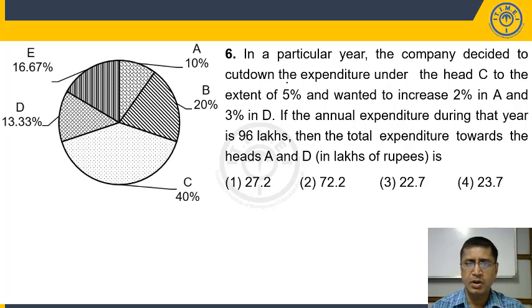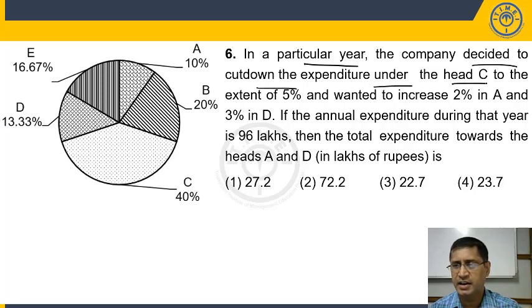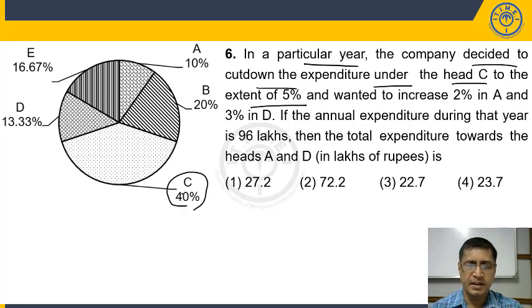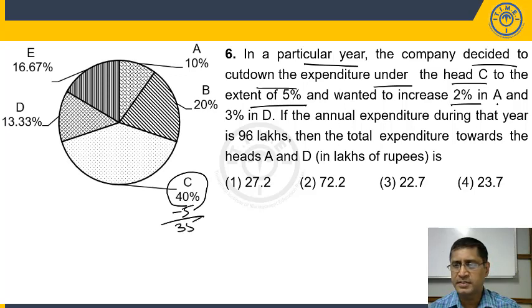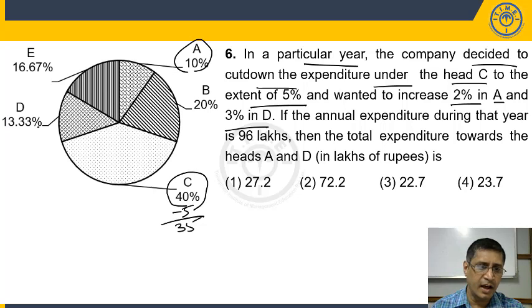In a particular year, the company decided to cut down the expenditure under the head C to the extent of 5%, cutting here by 5%, and wanted to increase 2% in A and 3% in D. So A and D increase by 2 and 3.